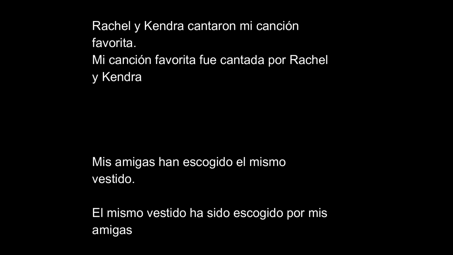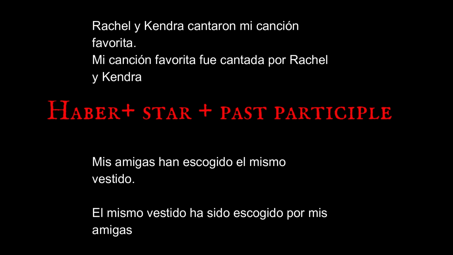Changing this active form into the passive form, we have to make slight changes. El mismo vestido ha sido escogido por mis amigas. So that combination of ha sido escogido means that ha is the auxiliary verb haber in the third person singular.